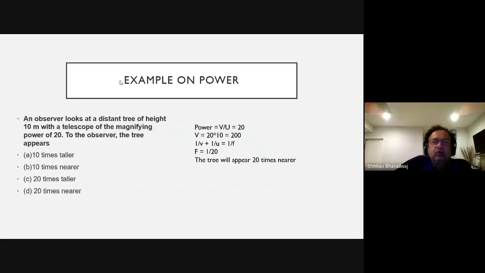So v will also be 20 times. It will appear 20 times nearer. So the tree appears to be 20 times nearer. That's what will happen.